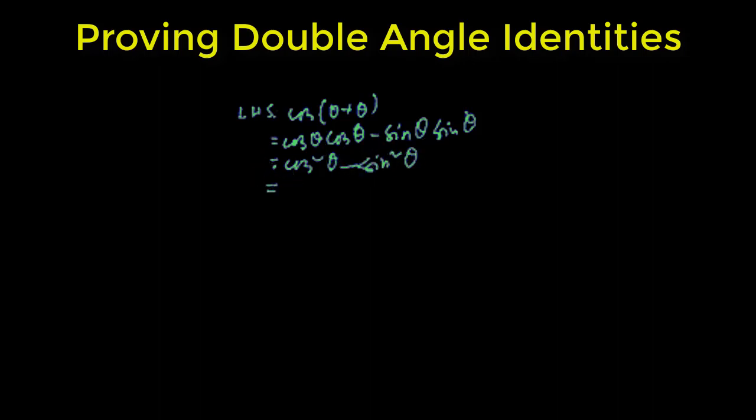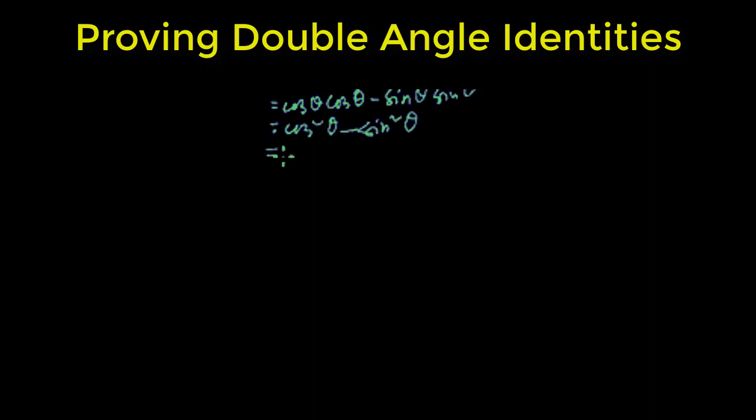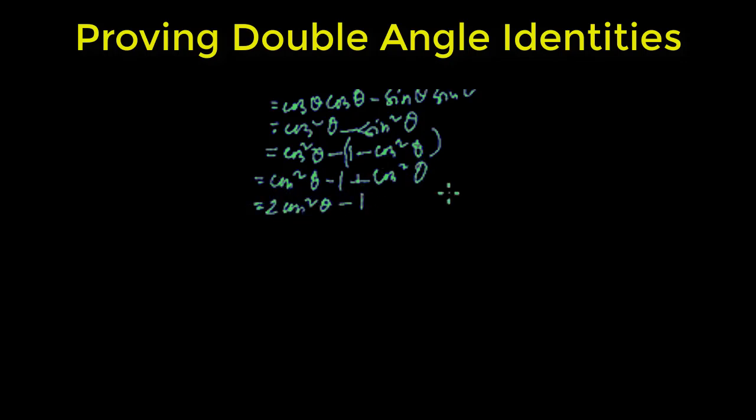Of course we have to express this in terms of cos squared theta, so we have to find an identity of sine squared theta. We can write cos squared theta minus, we have to give a bracket, that is very important, minus 1 minus cos squared theta. So we get cos squared theta minus 1, minus into minus is plus, cos squared theta. So this would be 2 cos squared theta minus 1.